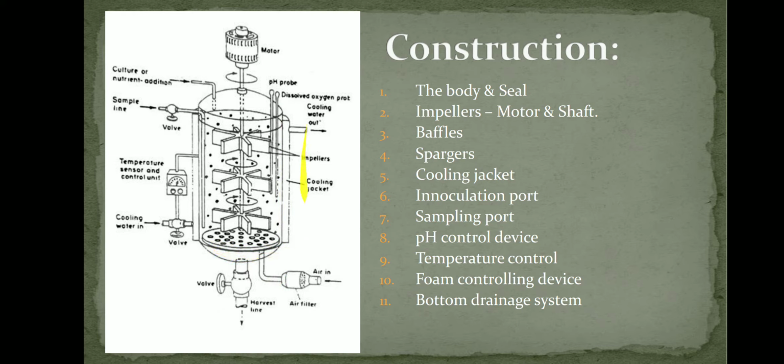We have a cooling jacket and an inoculation port. Also there is a sampling port. Then we have a pH control device and a temperature control device. There will be foam regulating devices to monitor the foam that is formed during fermentation, and there is a bottom drainage system. Now we will look into each of these parts in detail.